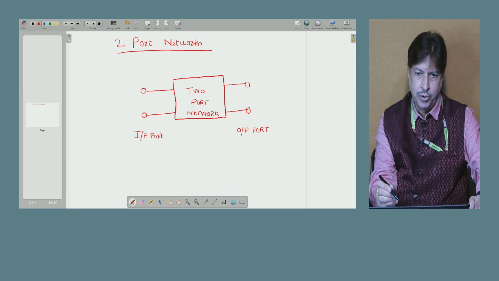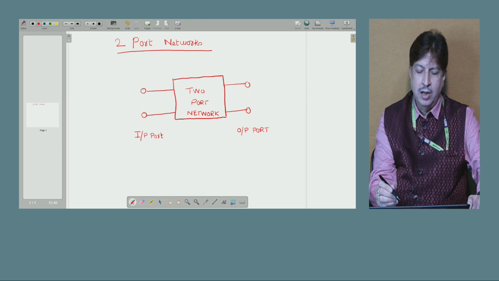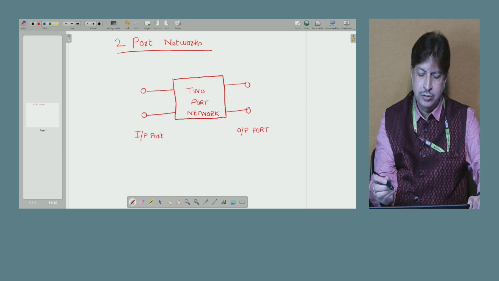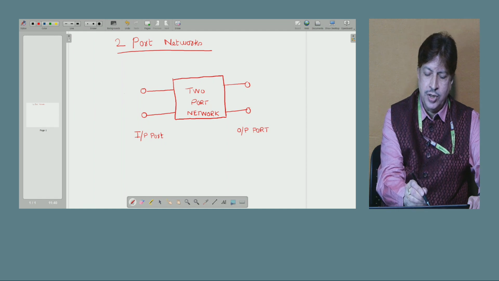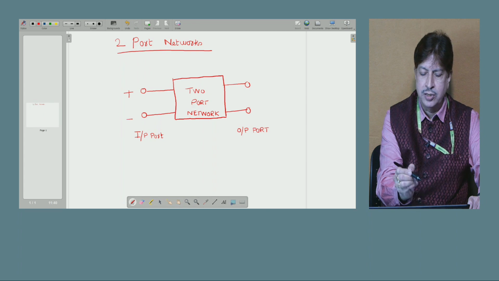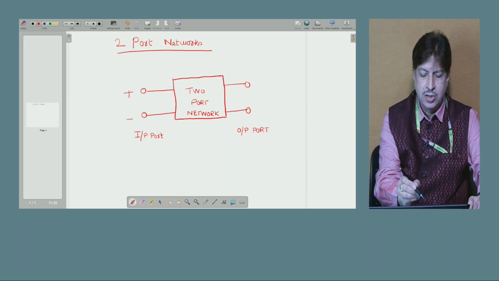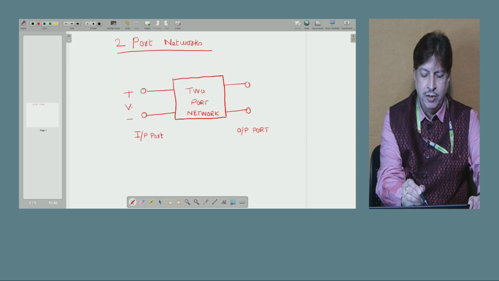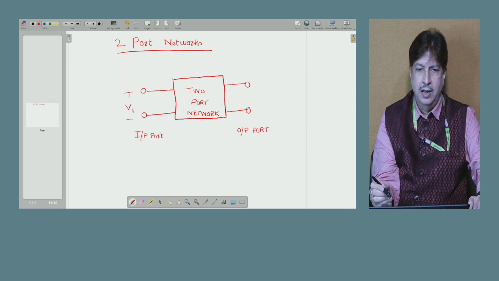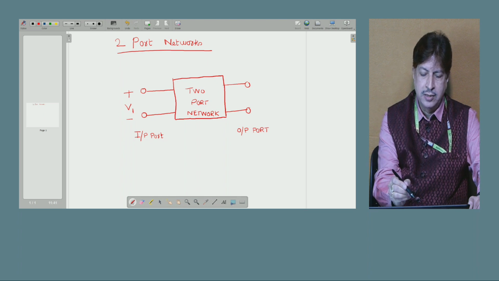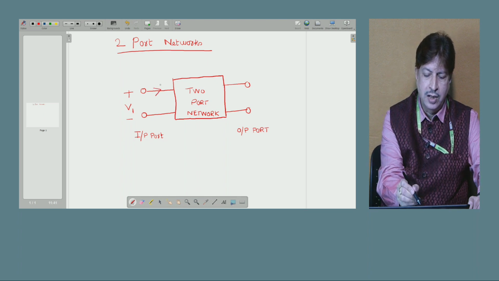Hence, for the input terminals of the input port, the conventional practice is to represent the input port voltage as V1 and input port current as I1.